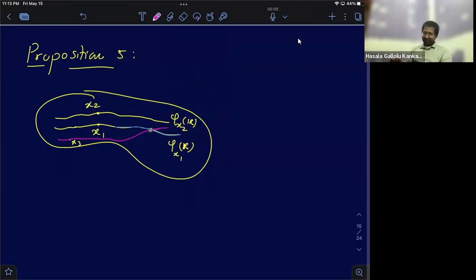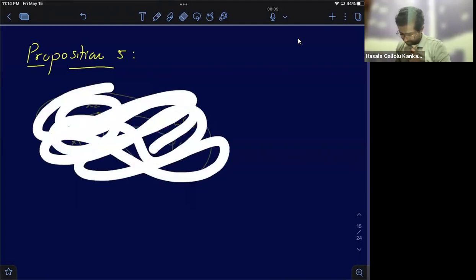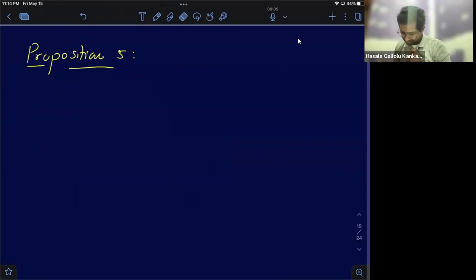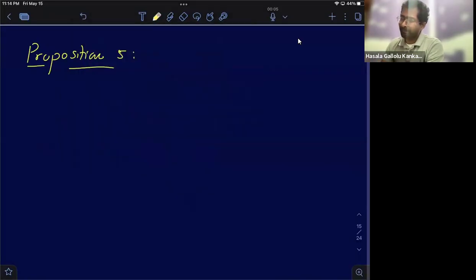All right. So if you see this issue a little bit, now the formal way of preparing this background, actually this is not mentioned in the text, but this is the cleaner way of saying it. So let me give you proposition number 5. The proposition number 5 will give us, this is what I'm saying.